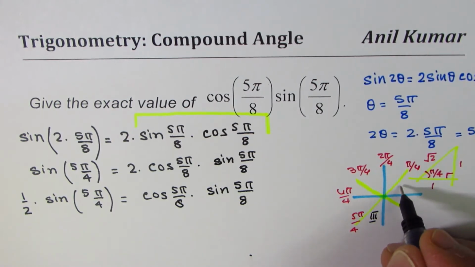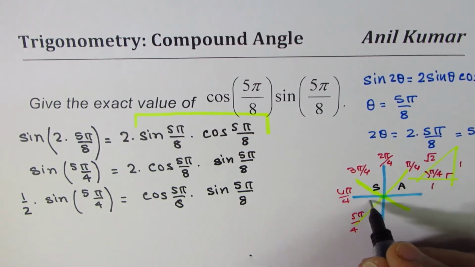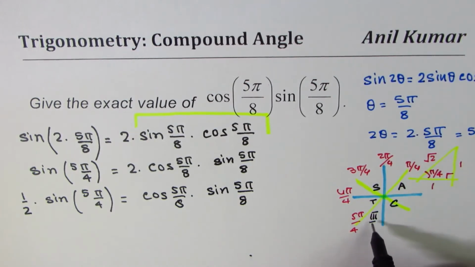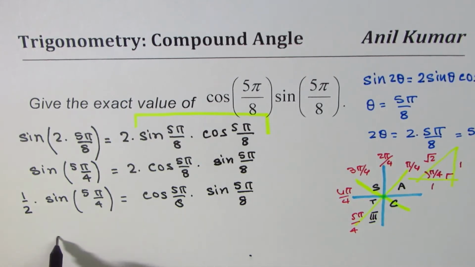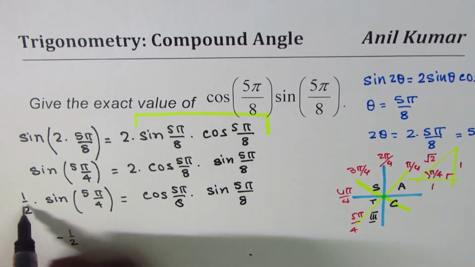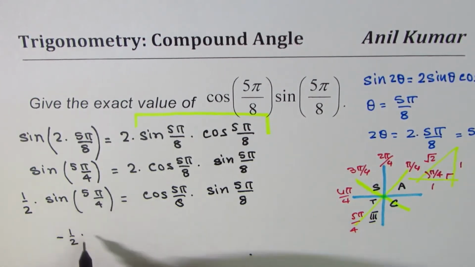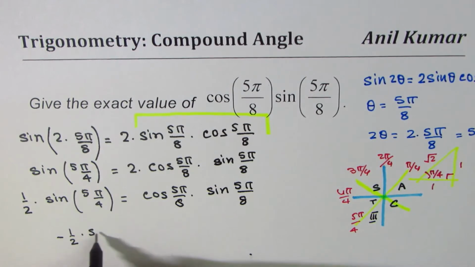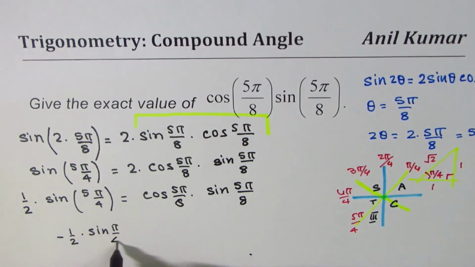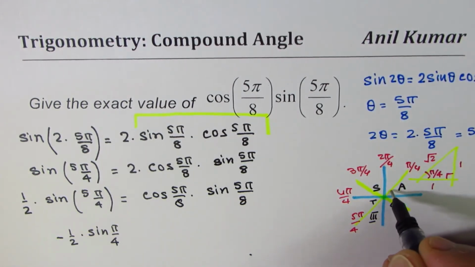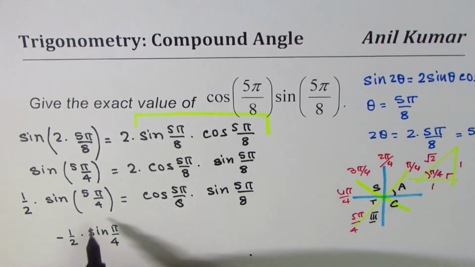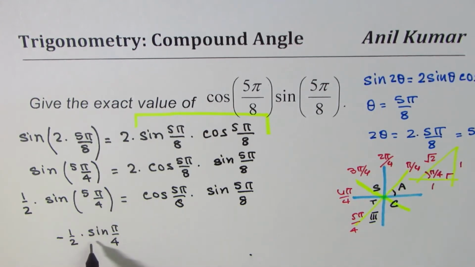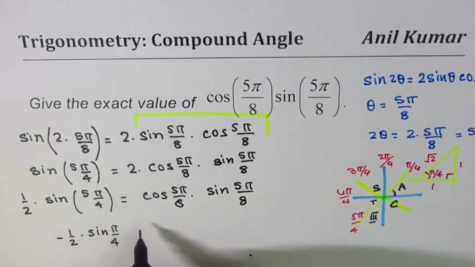Applying the rule, all are positive in quadrant 1, and in quadrant 3 only tan is positive, so sine should be negative. So this value is negative half times sine pi by 4, because that's the acute angle. So sine 5 pi by 4 is negative sine pi by 4.